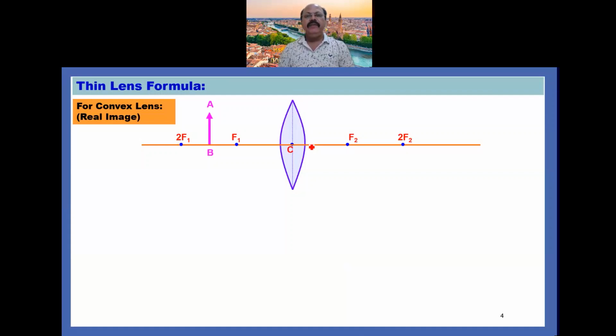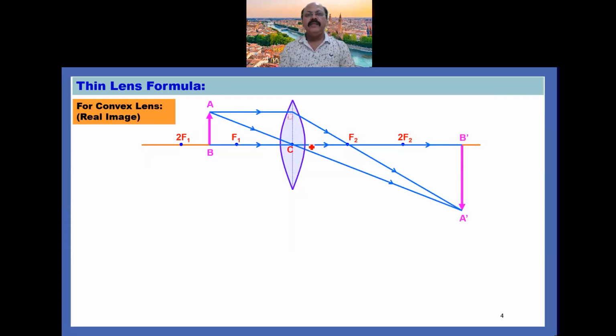The first ray from the point A is always parallel to the principal axis, incident onto the lens, and after refraction passes through the second principal focus. The second ray passes through the optical center and meets the first refracted ray, which forms a real image.